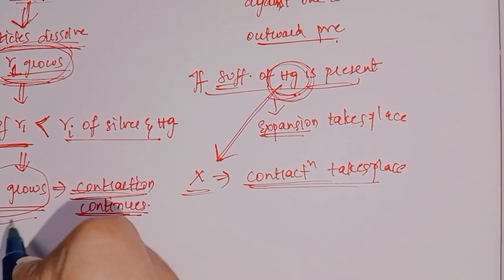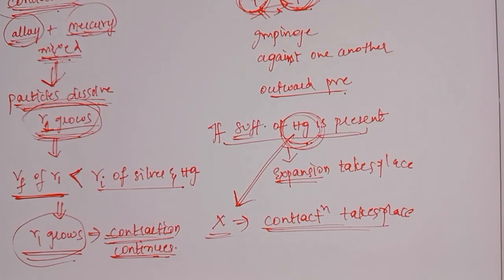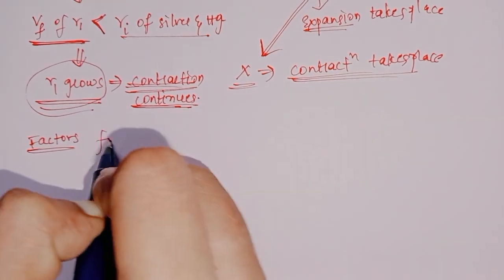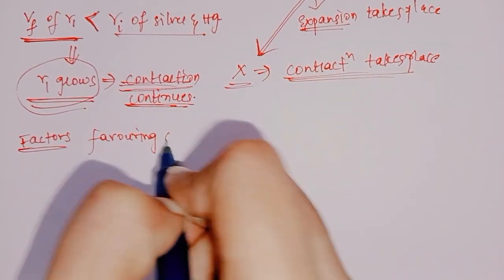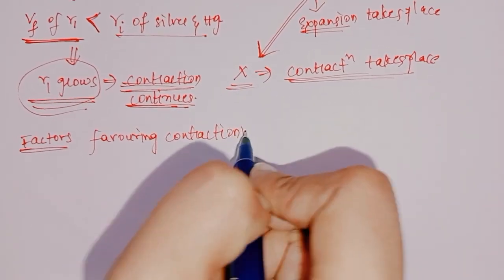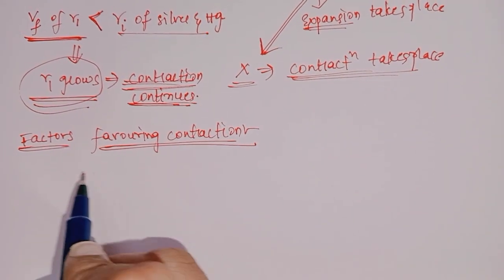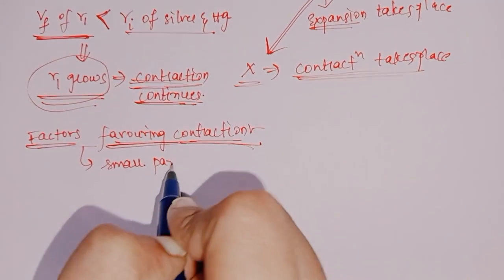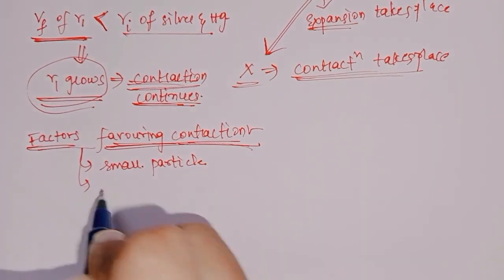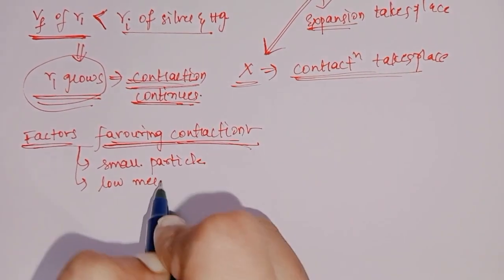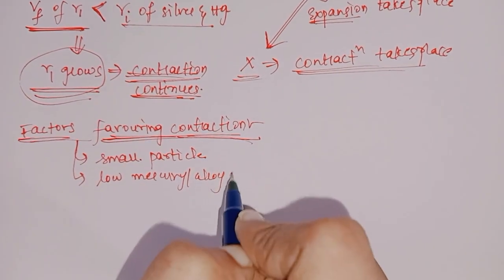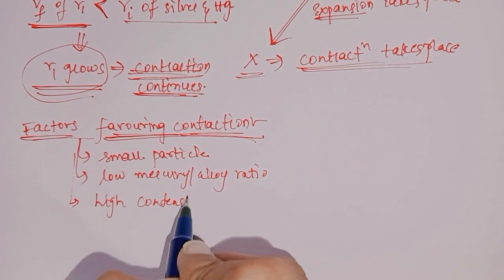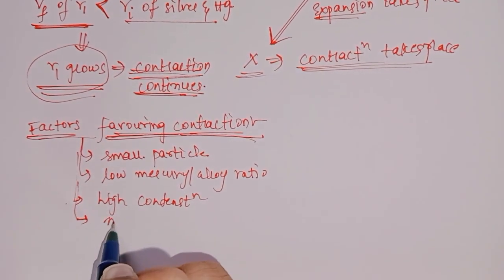Factors affecting contraction. Let us see the factors which favor contraction: small particle size, low mercury alloy ratio, high condensation, and more trituration.